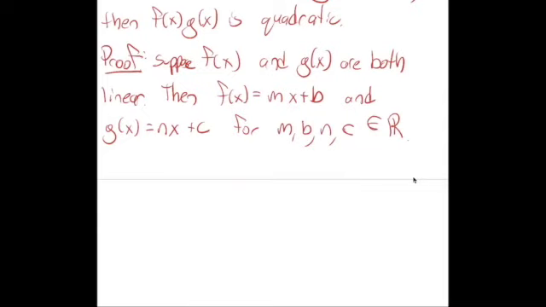What we'd like to show is that the product is quadratic. So let's consider the product. And I realize we're just about at time here. But multiplying these together, what would we get? mn x squared plus mxc plus nxb plus bc.